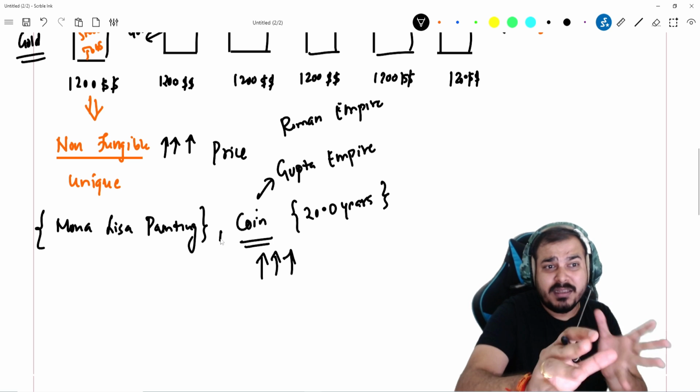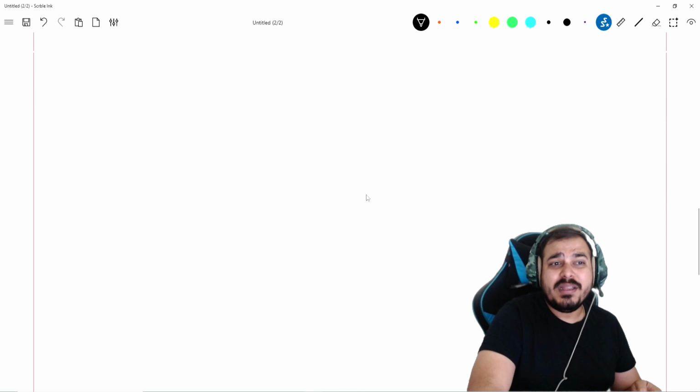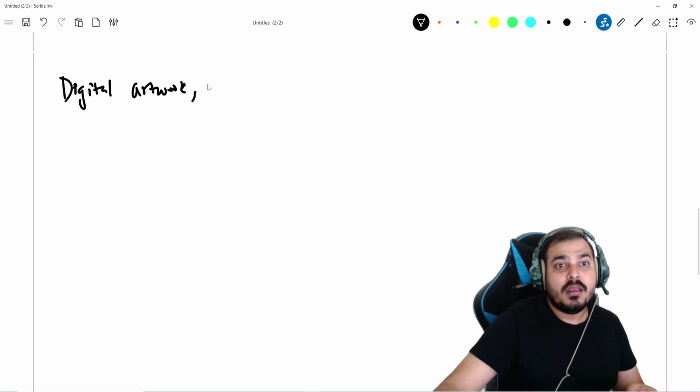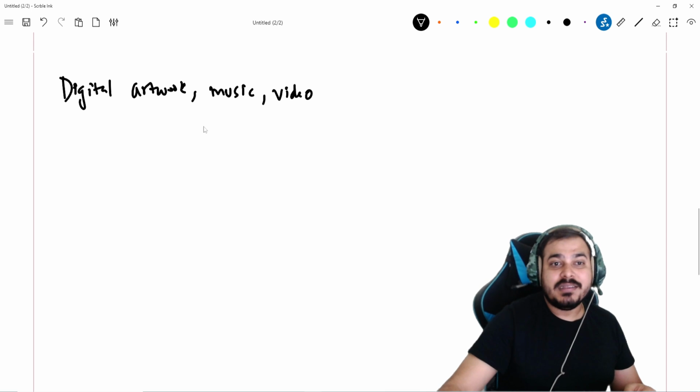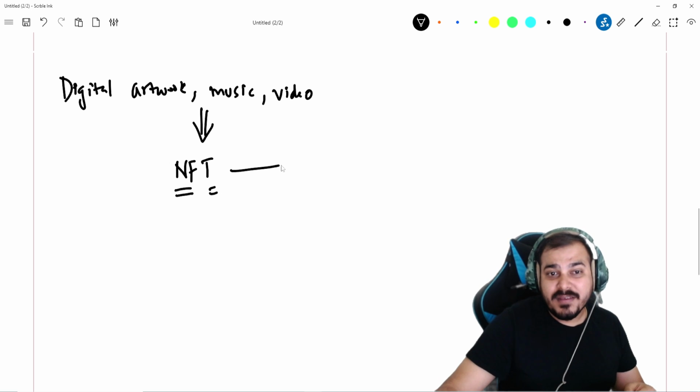Now, this is all in the form of physical asset. I told as an example. Now, with the help of NFT, digital artwork, music, videos, these are now getting converted in the form of NFT, non-fungible token. Why do we say token?